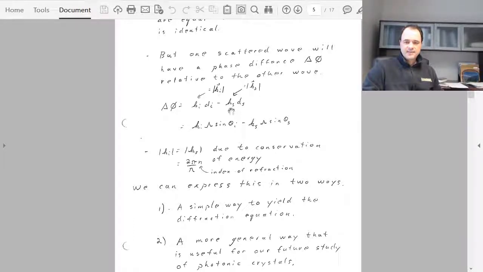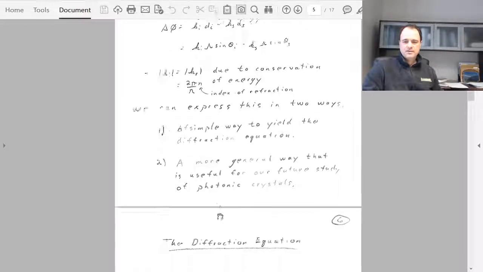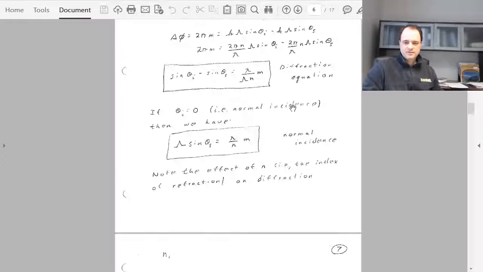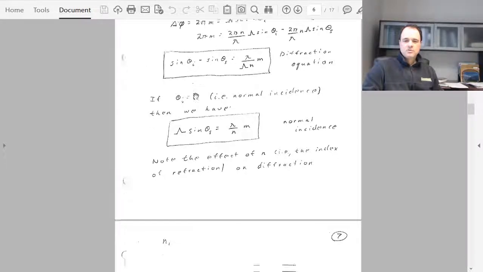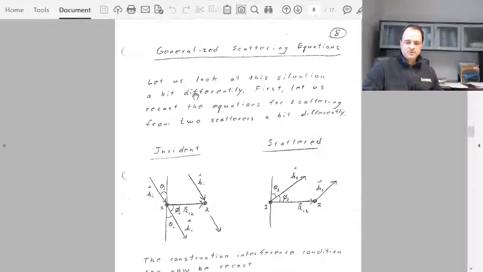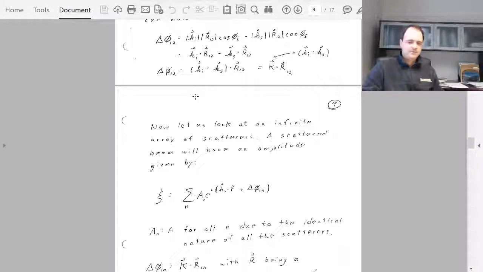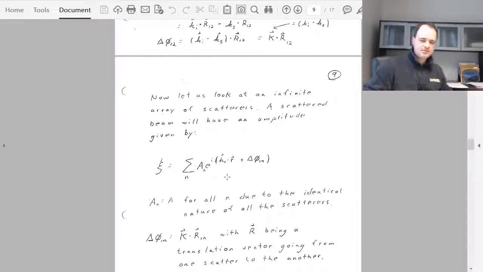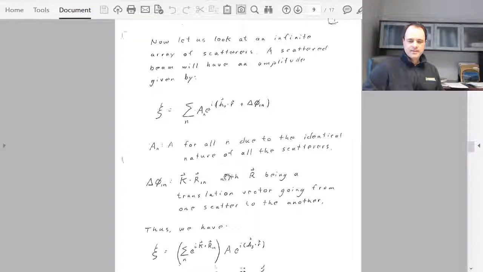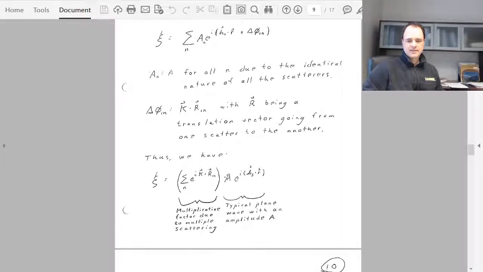Then we cast this condition in two different ways, either a very simple way that resulted in the diffraction grating equation, or a more general way that allowed us to build up the concept of the combined effects of an infinite array of scatterers, and what is necessary for a scattered wave to be present or not.